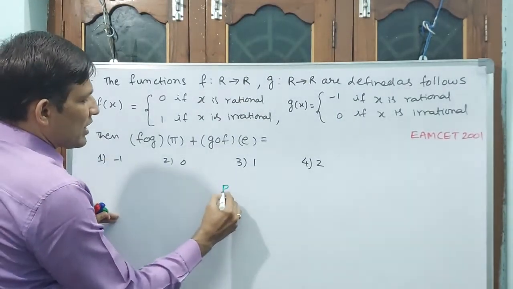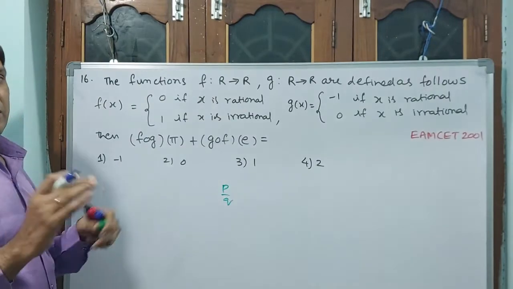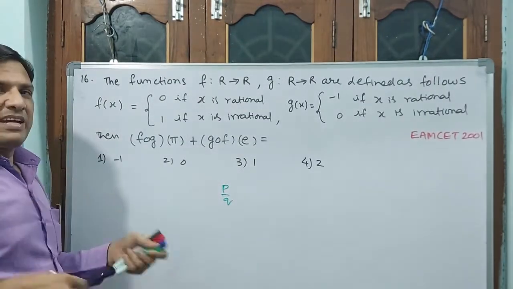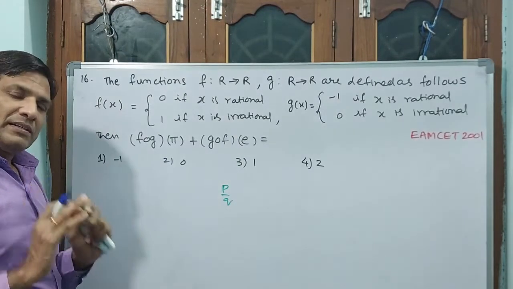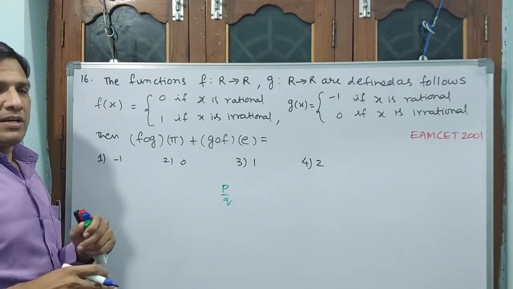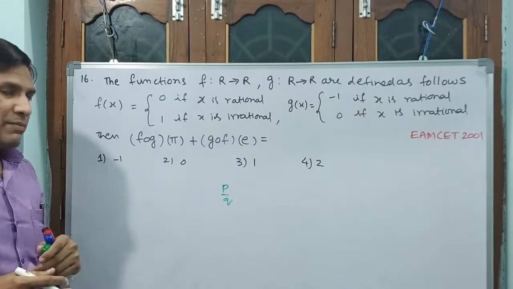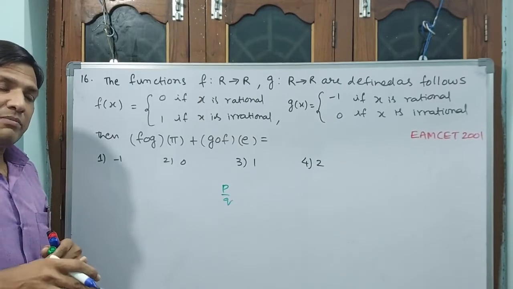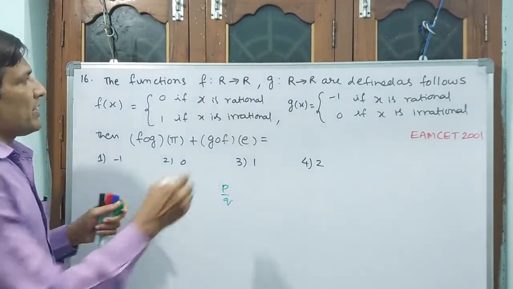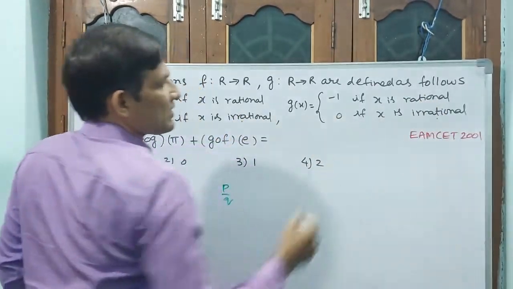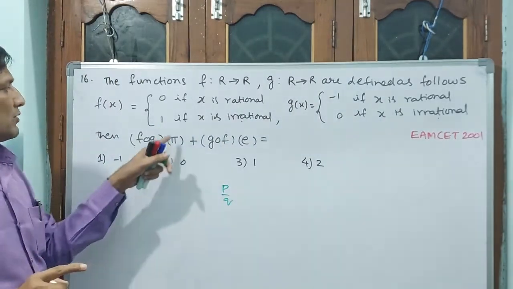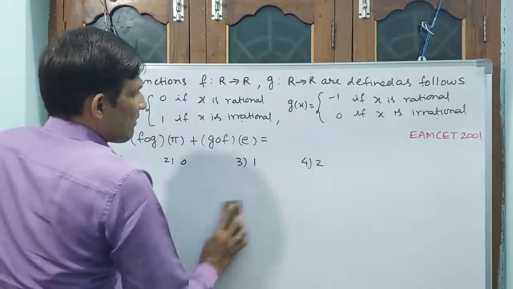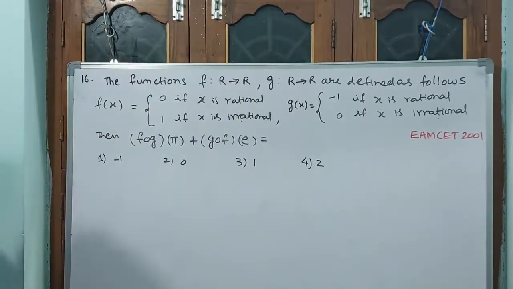Any number you are able to write in p by q form is called a rational number; if not, it is irrational. e, pi, etc. are irrational numbers, because pi is approximately 22 by 7 but not exactly. So pi and e are both irrational; you are not giving rational. Let us proceed further.